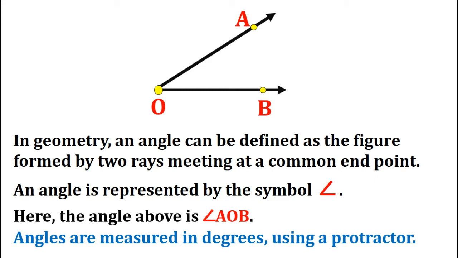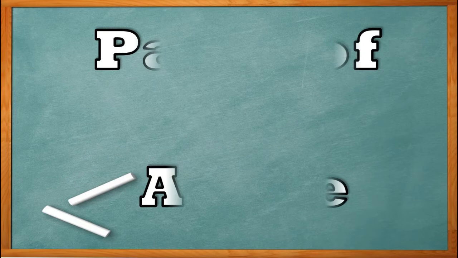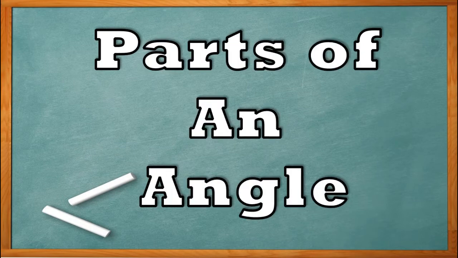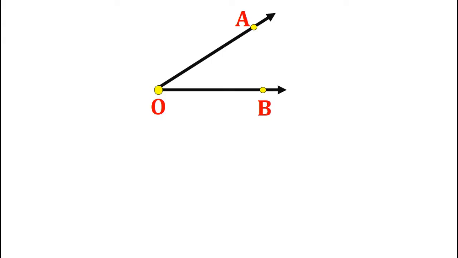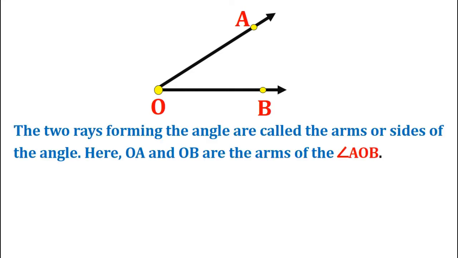Let us now understand about the different parts of an angle. By now, we know that two rays, when they meet at a common point, form an angle. The two rays forming the angle are called the arms or sides of the angle. Here in the above figure, OA and OB are the arms of the angle AOB.